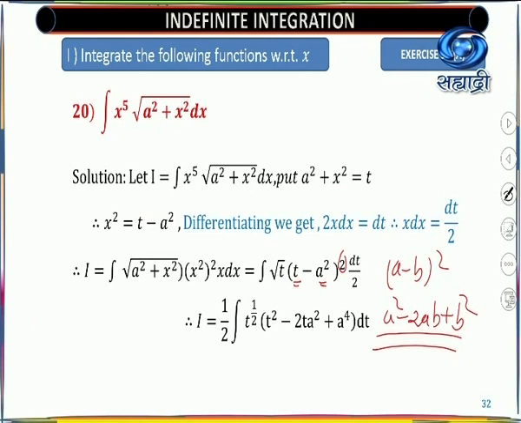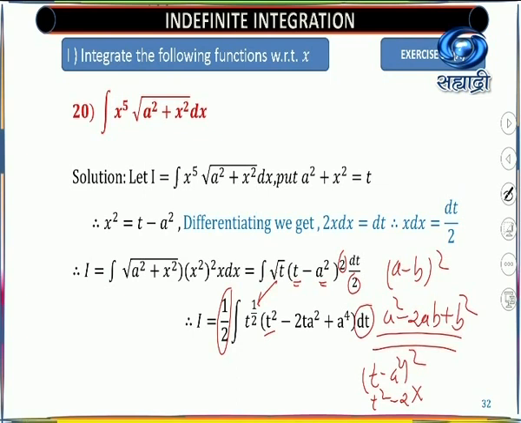Next step says that half, this half, 1 by 2, outside the integral sign, dt as it is here. Root t is nothing but t raised to half. Now this expansion says that according to this, t minus a square bracket square: the first term square, that is t square, you have here.